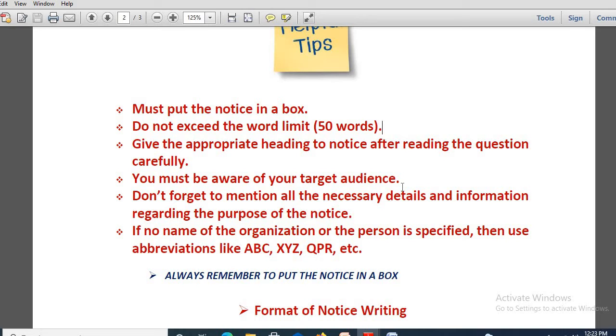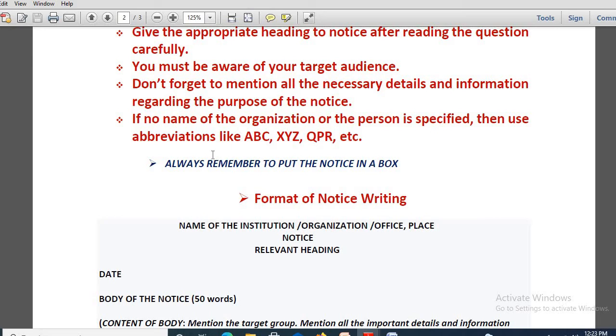If no name of the organization or the person is specified, then you can use abbreviations like ABC, XYZ, QPR, etc. I guess you are all familiar with this type of abbreviation.